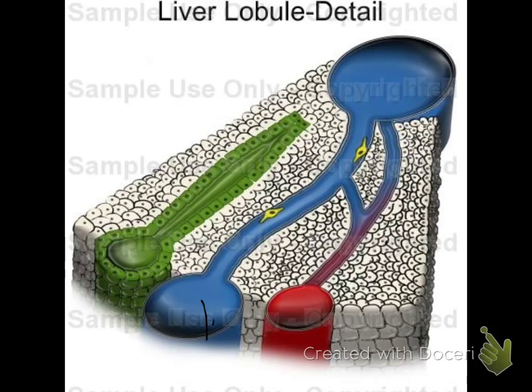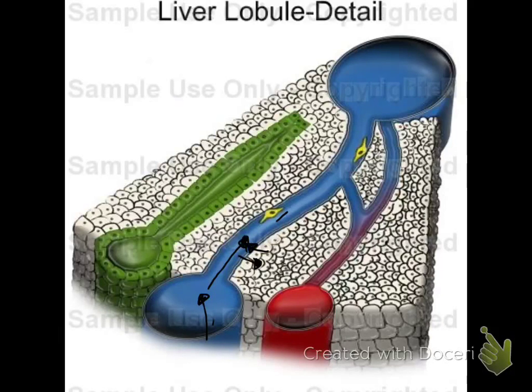Here is the portal vein. It comes from the intestine, carrying many nutrients to the liver. As these nutrients pass through the portal vein, there is an exchange between these nutrients or the blood in the portal vein and the hepatocytes.